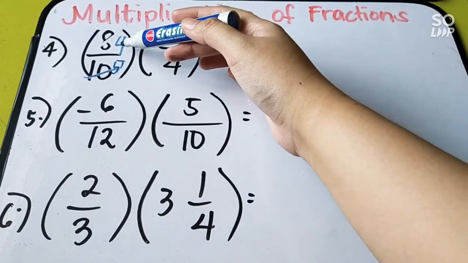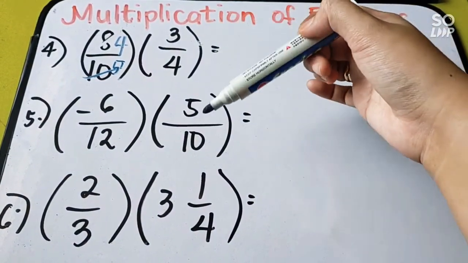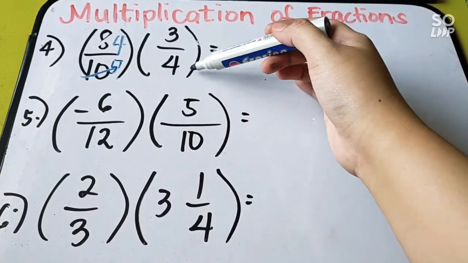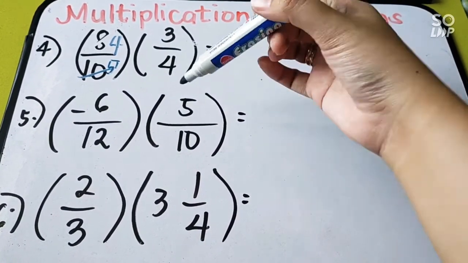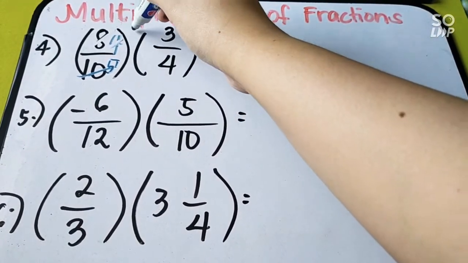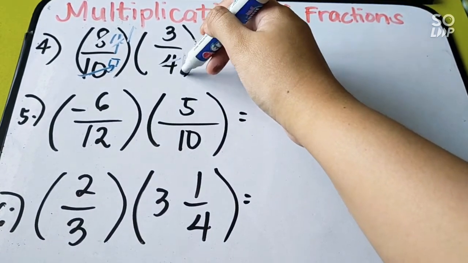So, nagiging 4 over 5. And then, tingin pa natin kung pwede pa tayo mag-cancellation. Si 4 and 4, yes, they are divisible by 4. So, therefore, itong 4 na to becomes 1, then yung 4 dito, magiging 1 na rin.